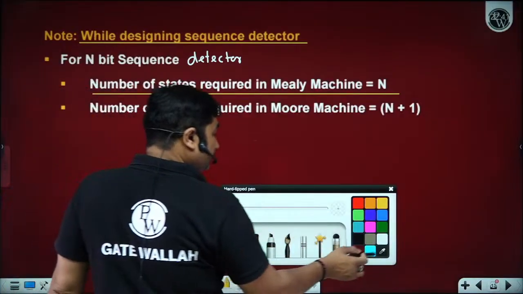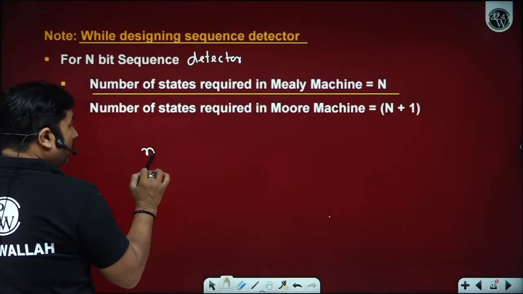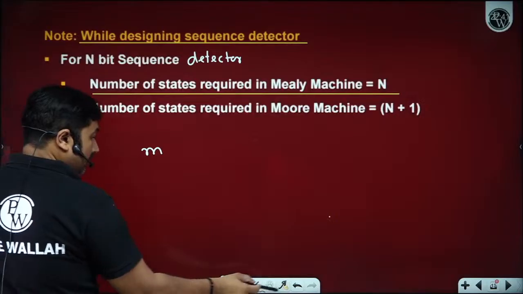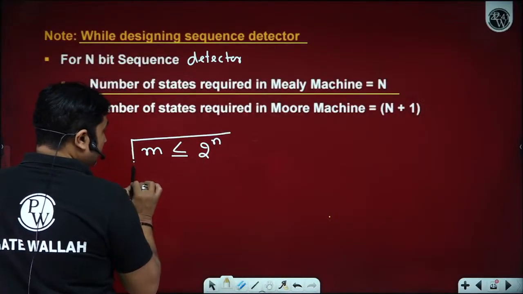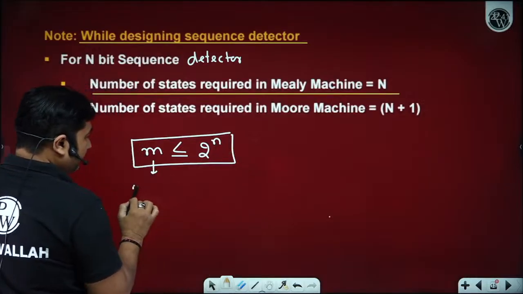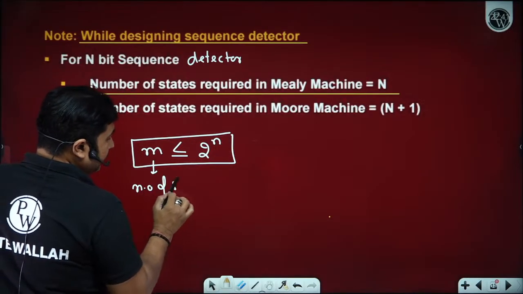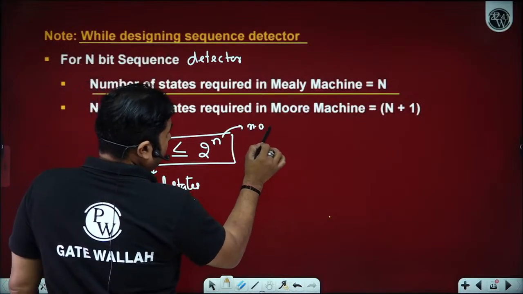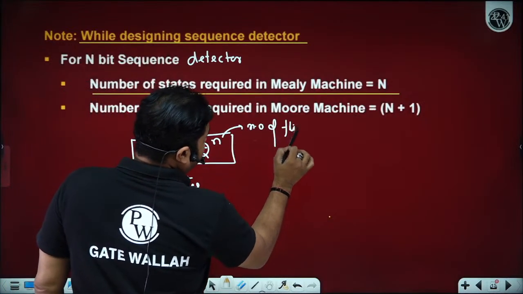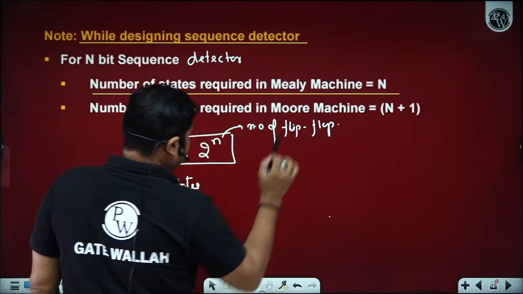Yes, sir. Now, one very important point: m is less than or equal to 2 to the power n, where m is the number of states and n is the number of flip-flops. Okay? Yes, sir.